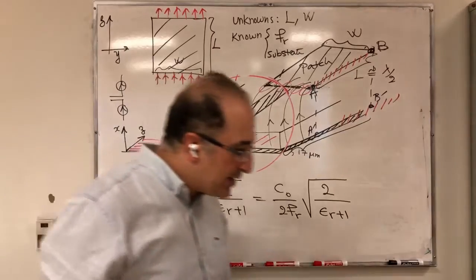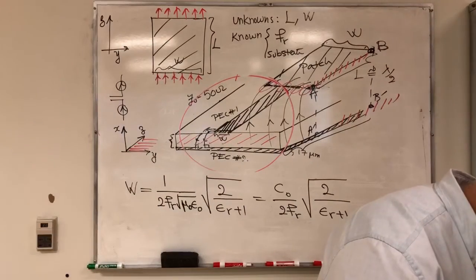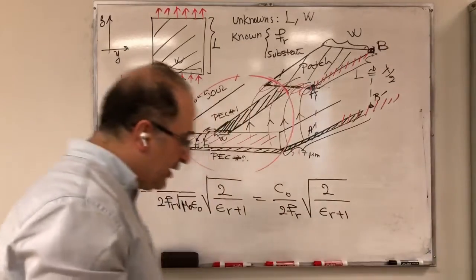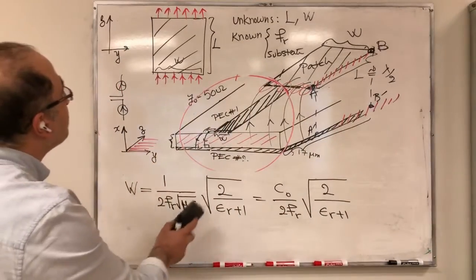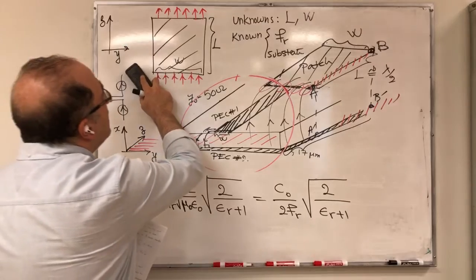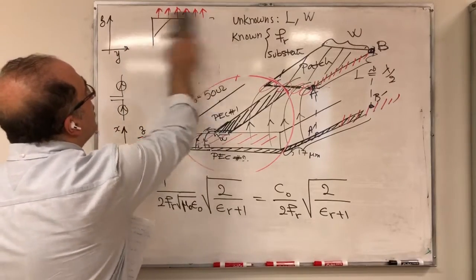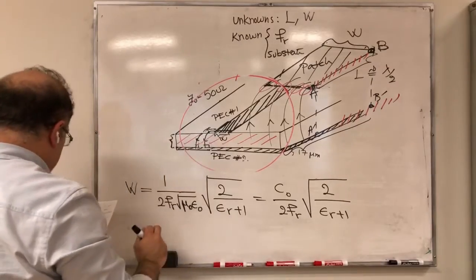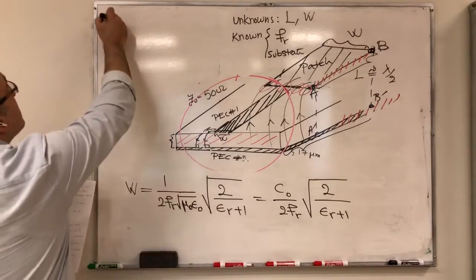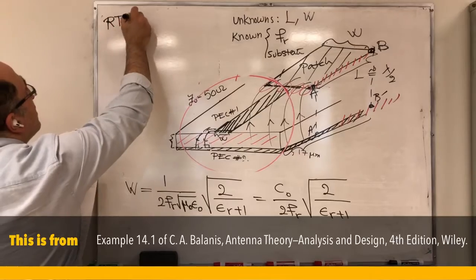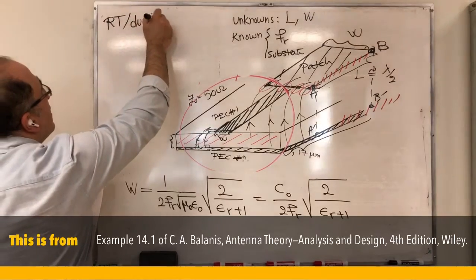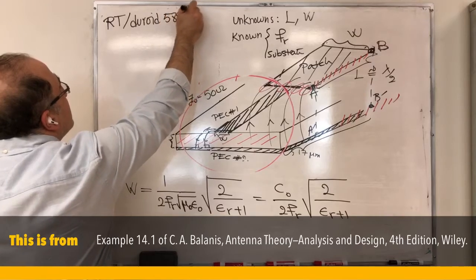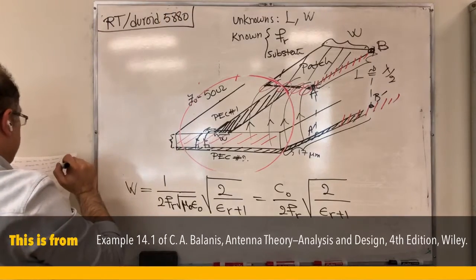So let's have an example here. Let me remove this. I assume that I have a substrate, which is RT Duroid 5880. This is the substrate that I'm using in this example.